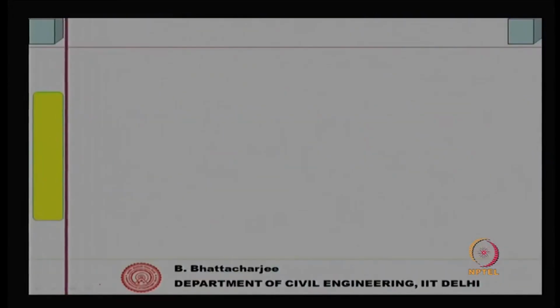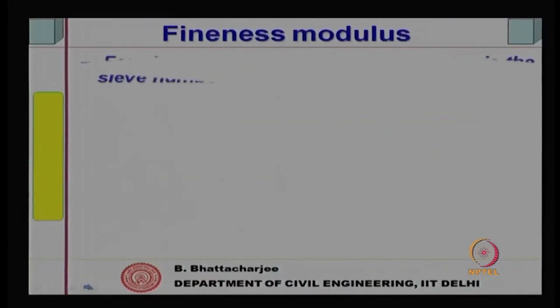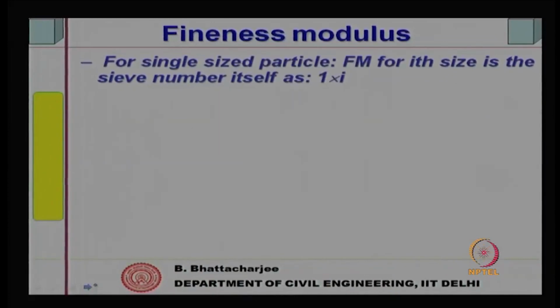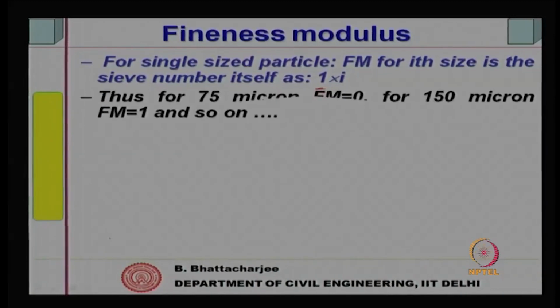Let us see how it is cumulative. For a single sized particle, the fineness modulus of ith size will be simply the sieve number itself, because there is a single sized particle, so the fraction is 1. So, for 75 micron Fm is equal to 0, for 150 micron Fm is equal to 1, and so on.